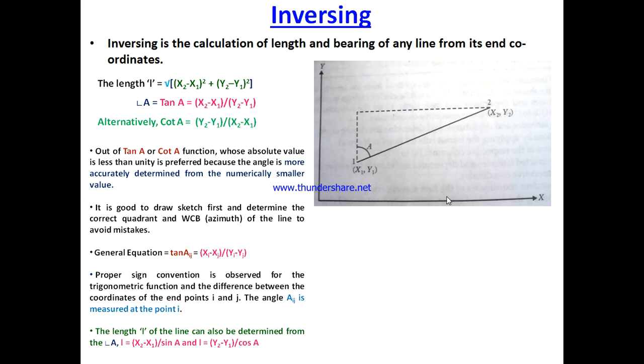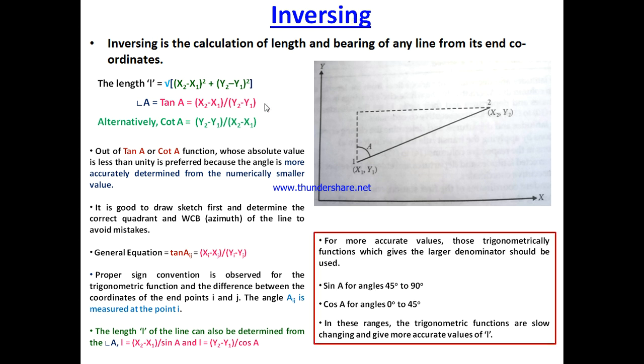We need to get the angle with high accuracy, and it can be determined only when I choose the value of tan A or cot A in such a manner that it gives a value less than unity, or which is numerically smaller.